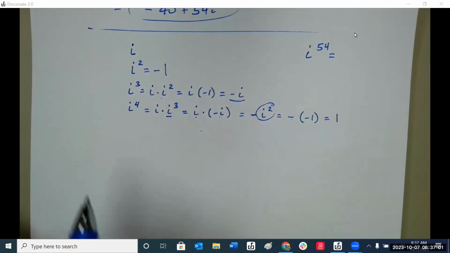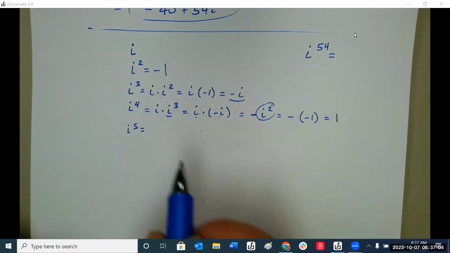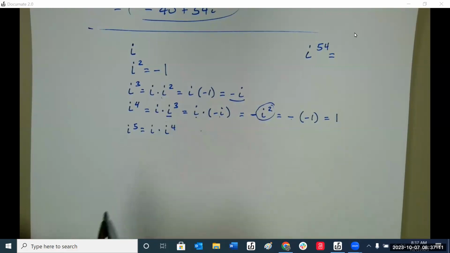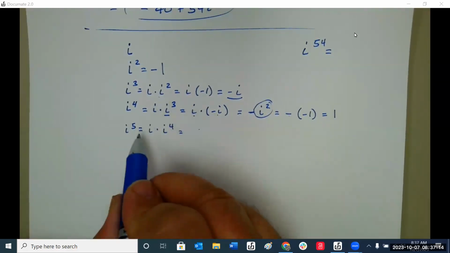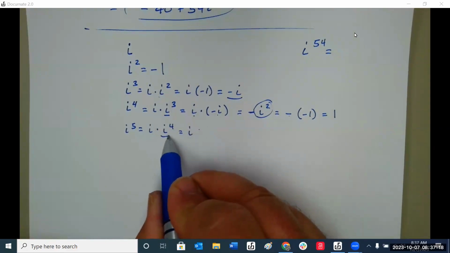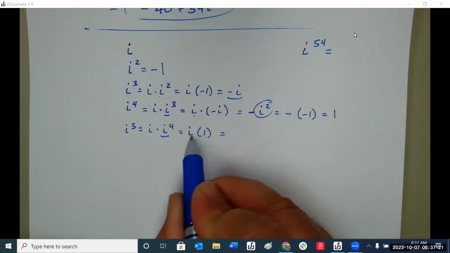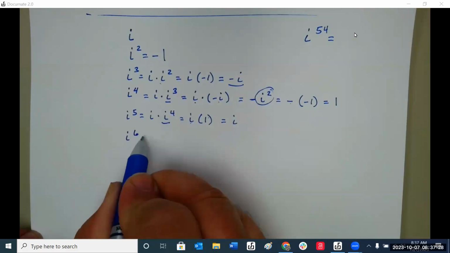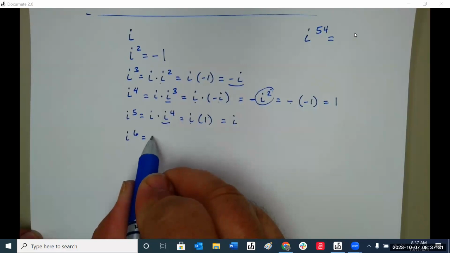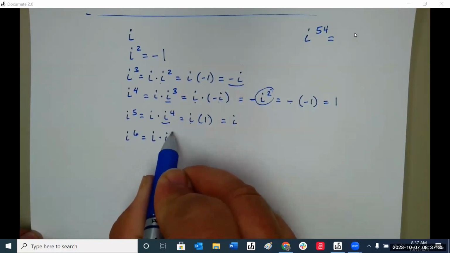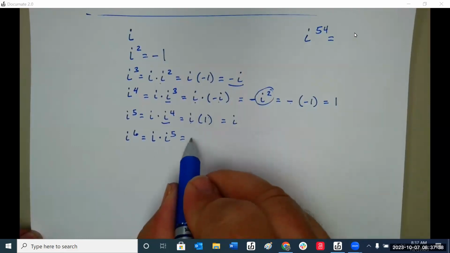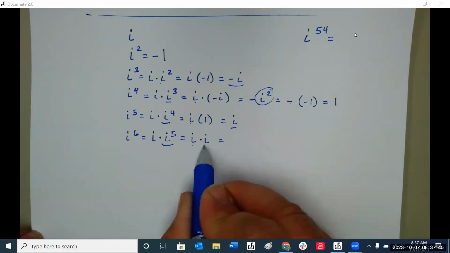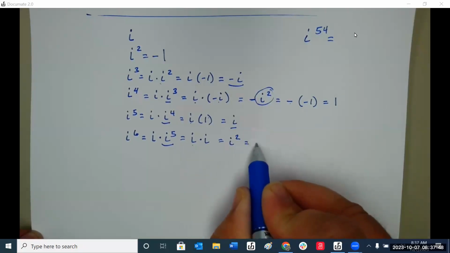Let's go on four more times and I'll show you a pattern. i to the fifth is i times i to the fourth. i to the fourth is +1, so i times 1 is i. i to the sixth is i times i to the fifth. i to the fifth was i, so i times i is i squared, which is -1.